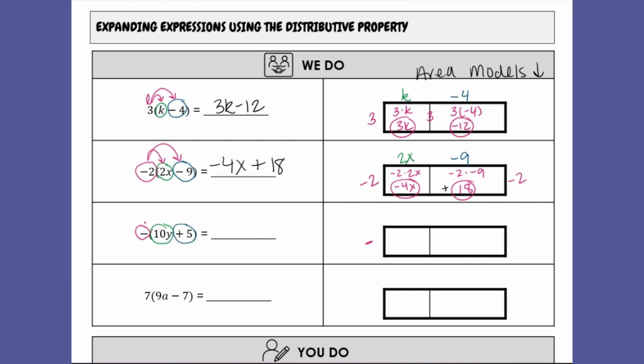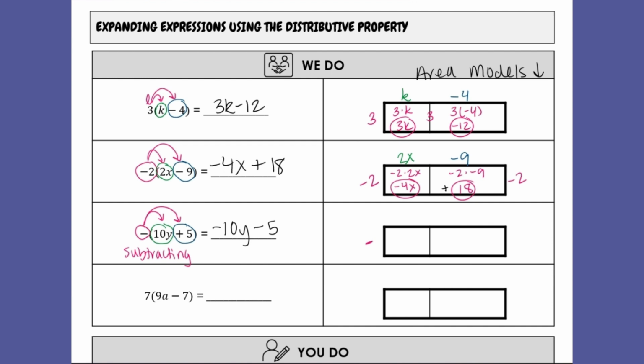I'm distributing this negative sign to the two terms in parentheses. You can think about this as subtracting every term in the parentheses, meaning that if I'm subtracting positive 10y, that would be negative 10y. If I'm subtracting positive 5, that would just be minus 5.